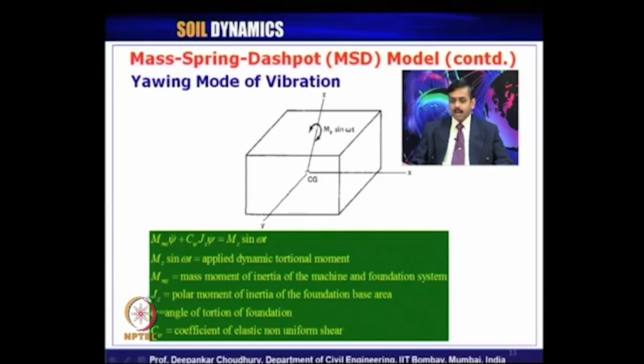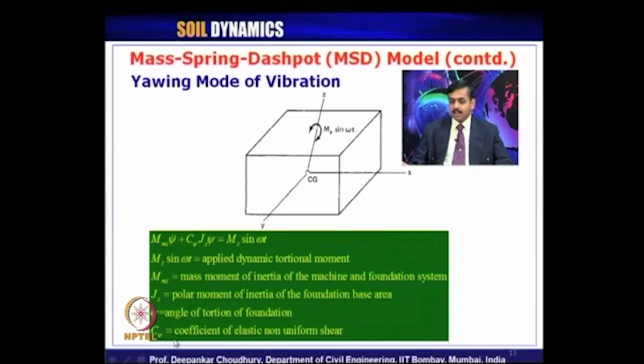and remember this is the area moment of inertia, whereas mmz is the mass moment of inertia. So, these two things we have to be careful about, which component needs to be used where. Mass moment of inertia will be associated with the inertia component, whereas for calculating the stiffness force we need to consider the area moment of inertia, and psi is the angle of torsion of the foundation about the z axis, that is, how much angular twist is going to occur for the foundation.